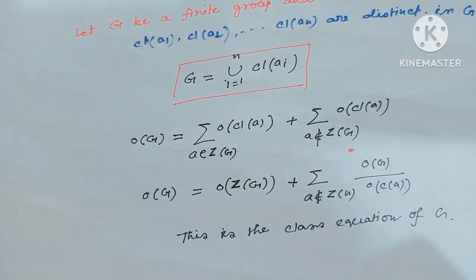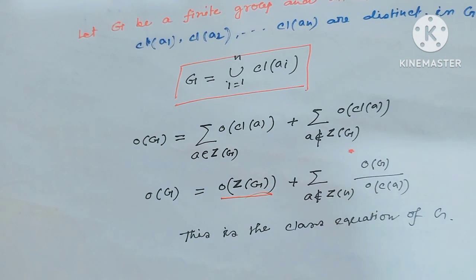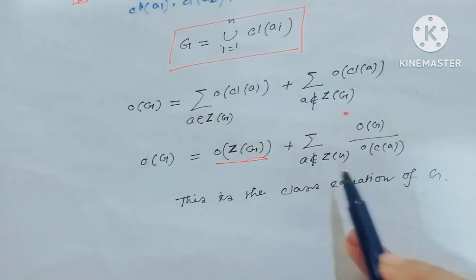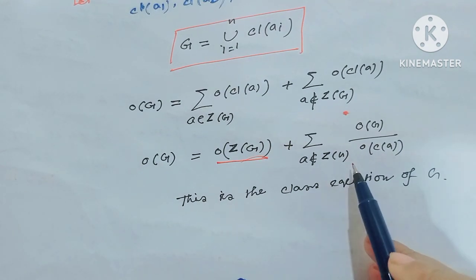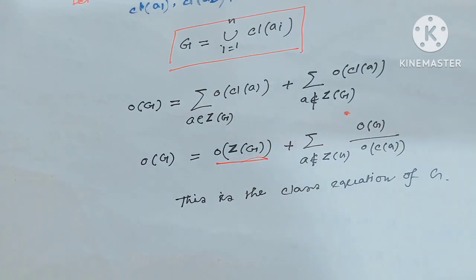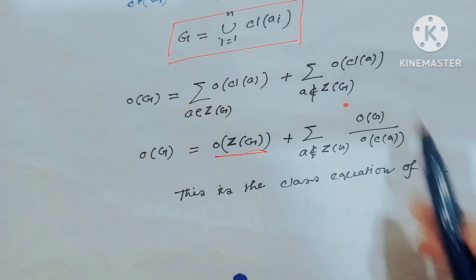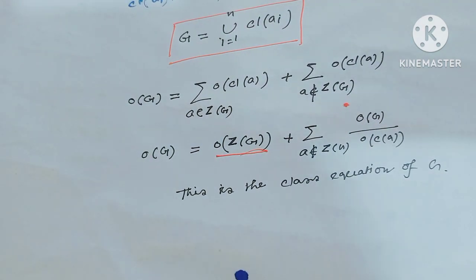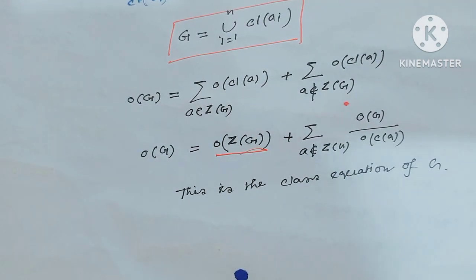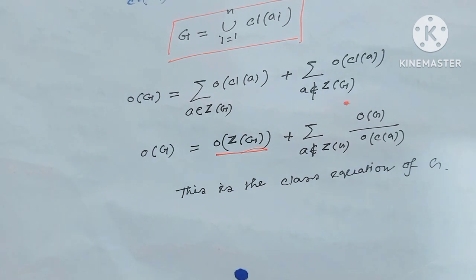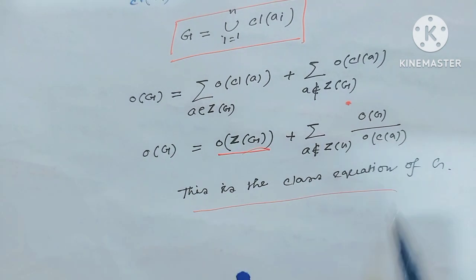That means the first sum is actually the order of Z(G), and for a not belonging to Z(G), the order of the class of a means the order of G divided by the order of C(a). This is the class equation.